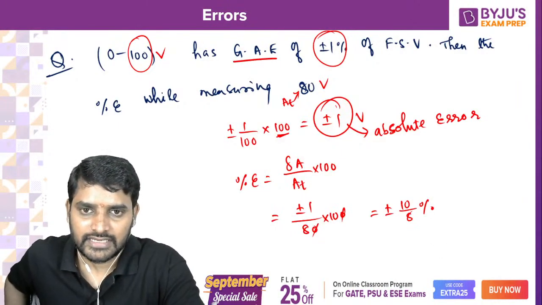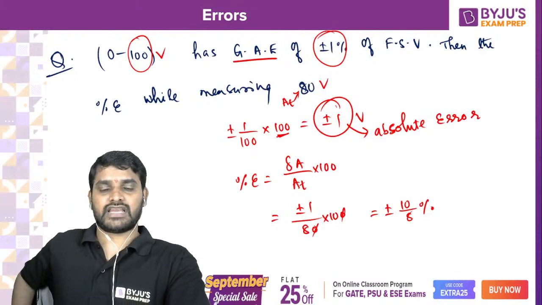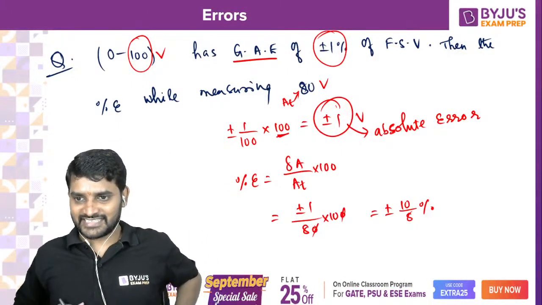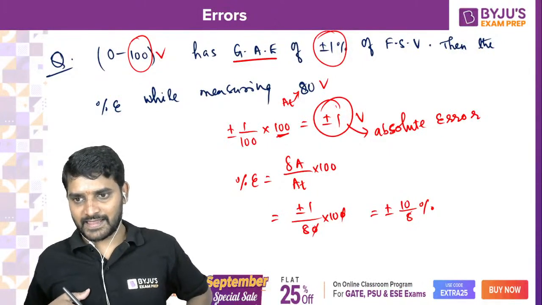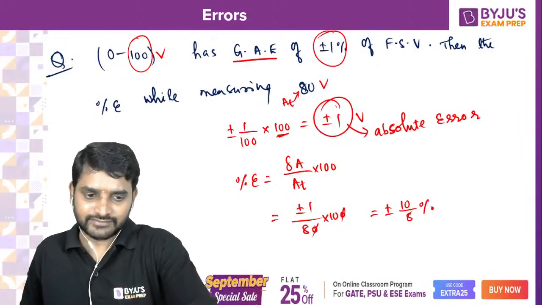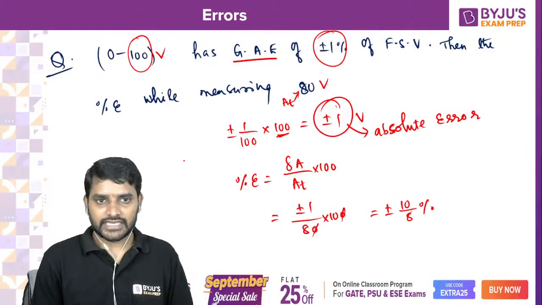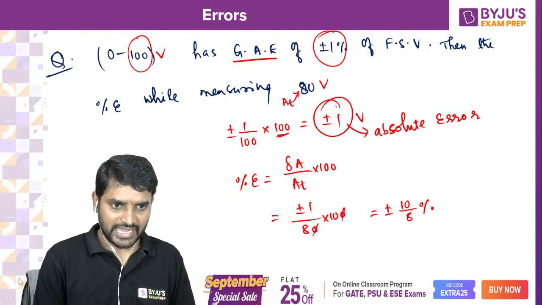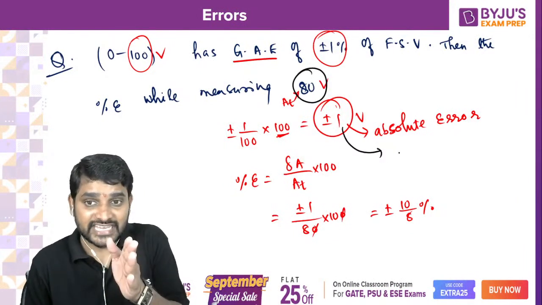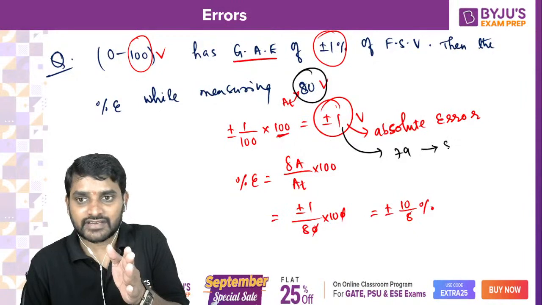Okay. Is this clear now? I think it is clear. Irrespective of the voltage you apply, whether you apply 10, chalo. Here I am applying 80, so definitely I am going to get a range from 79 to 81.